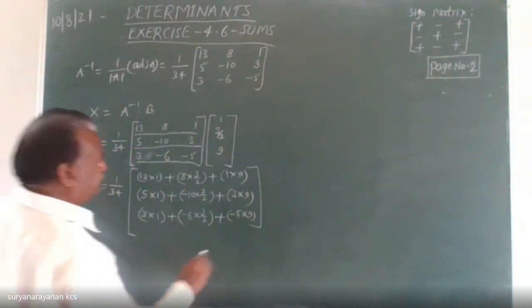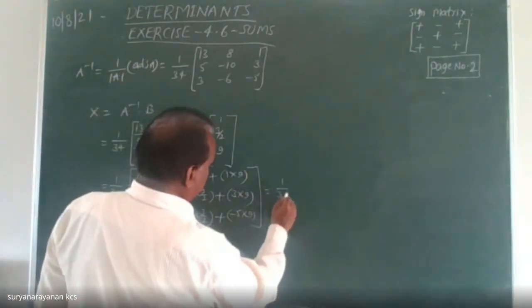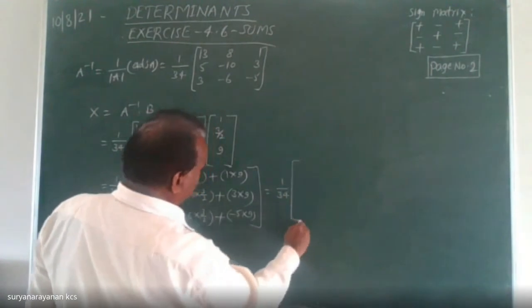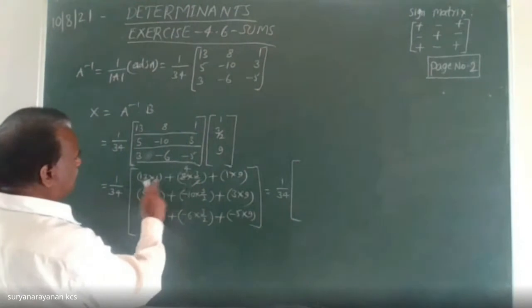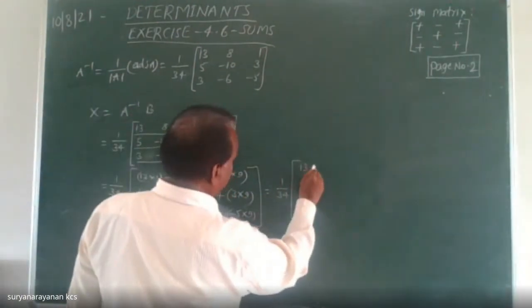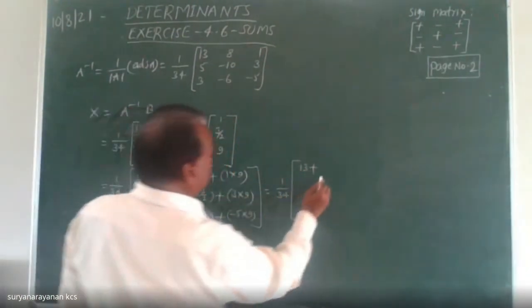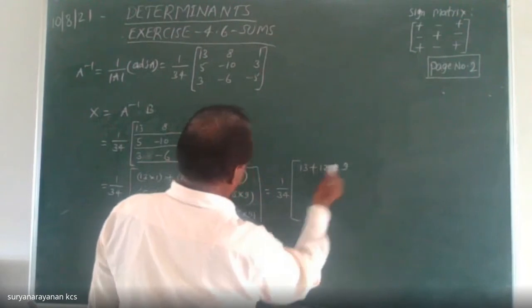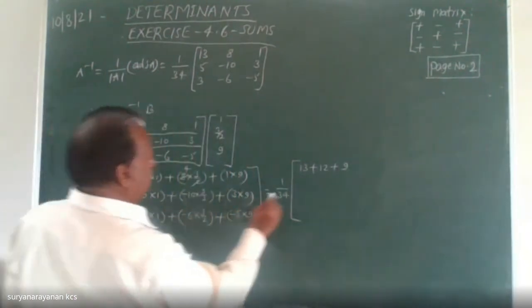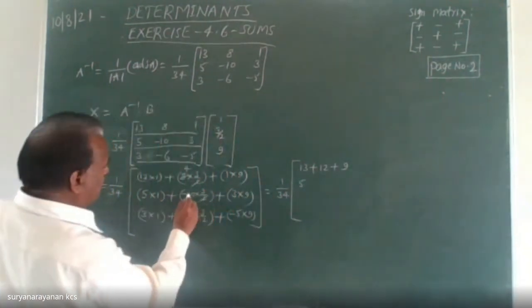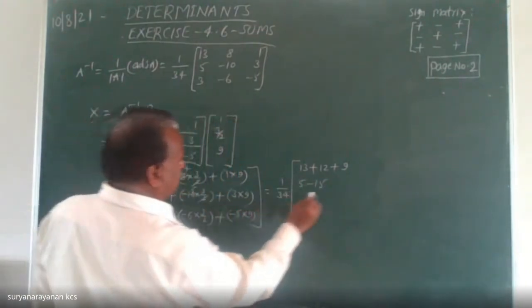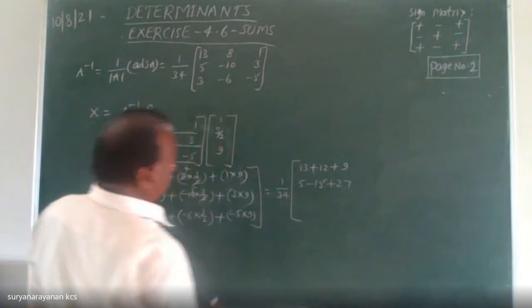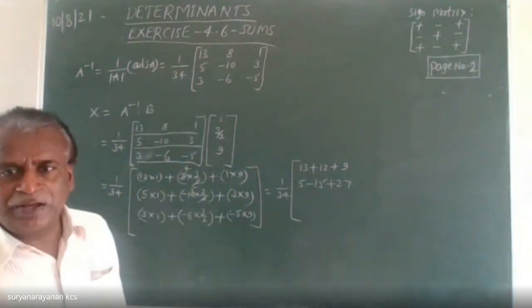Now find 1 by 34. 13 plus 12 plus 9. 5 minus 15 plus 27. Are you following me, my dear children?